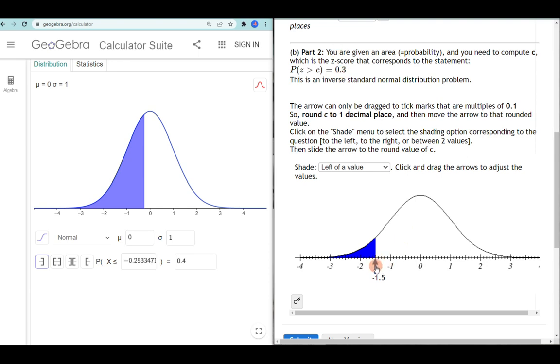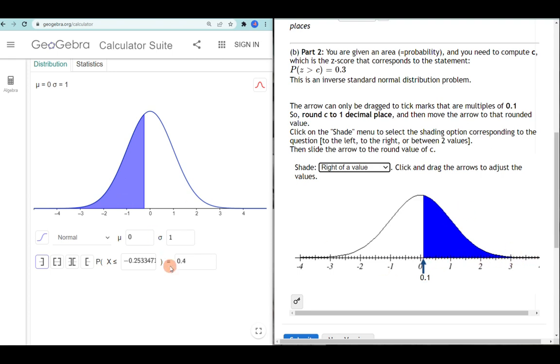Again, this means that I'm trying to find some point on this distribution, some z value, so that the proportion of z values above it is equal to 0.3. Because this says greater than, I'm going to need to be shading to the right of a value. I want all the z-scores that are greater than this value c. Greater than means to the right of.